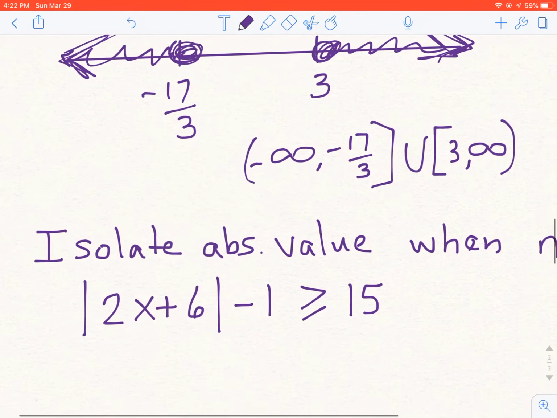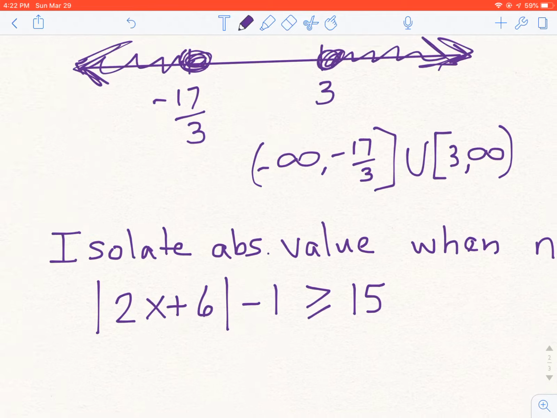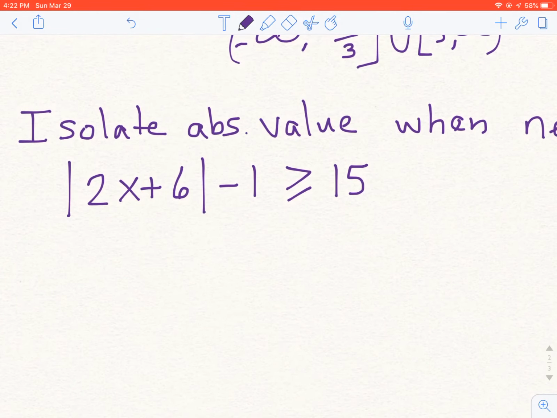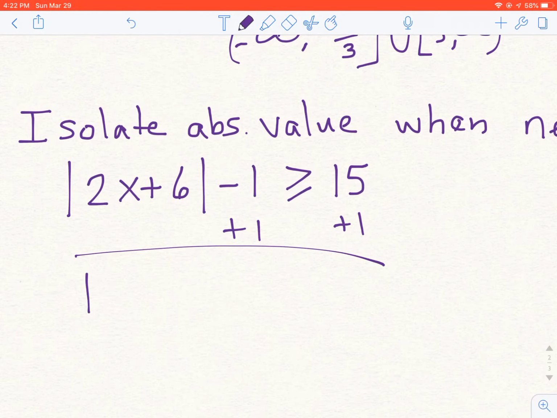And then isolate your absolute value when necessary is what that says over there, which of course you would have done without my telling you, because we always do that. But I would add 1 to both sides before I got started. So the absolute value of 2x plus 6 is greater than 16.